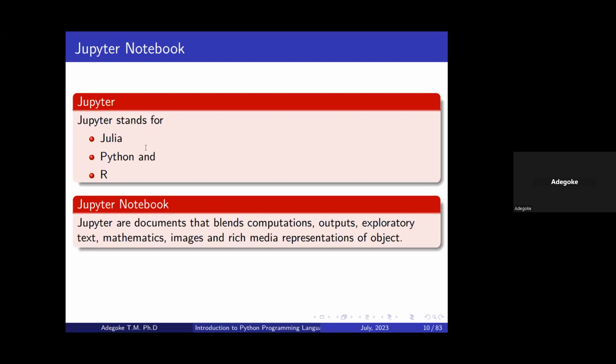Jupyter notebooks are documents that blend computation, output, exploratory analysis, mathematics, images, and rich media representation of an object. That is, on Jupyter, you can do so many things. You can write notes, you can perform exploratory research, you can view images and all the rest.